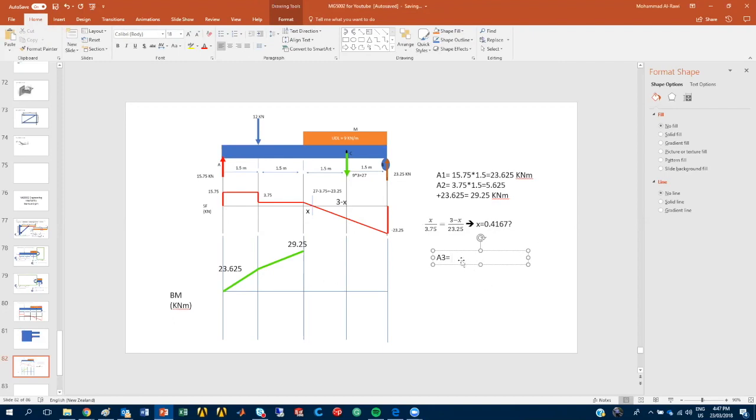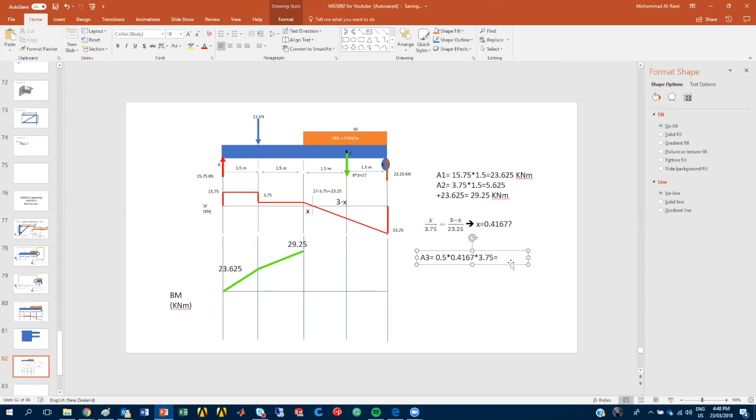Yes, okay, so confirming. Now, area 3 is the small tiny one, which is 0.5, half of the base, times what's the base? We just found it, 0.4167, times the height, which is 3.75. Can you please find me the answer for area 3? So half the base times the height.